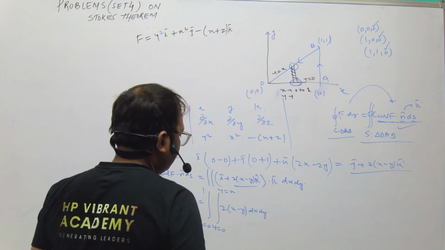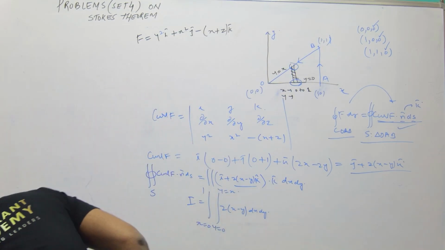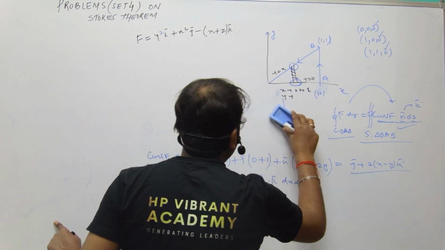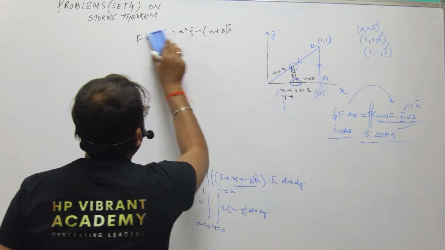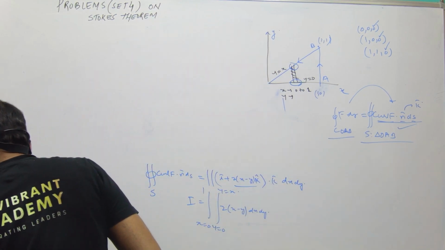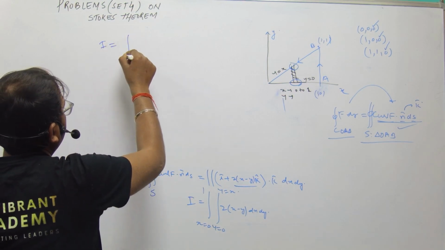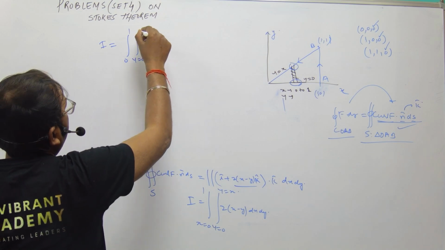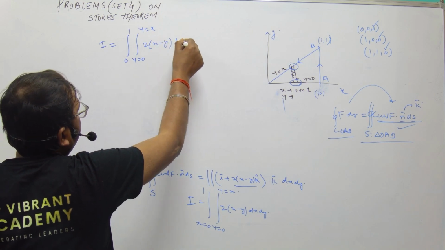Let us name this as I. So we have the value of I as the integral of x from 0 to 1 and y from 0 to x of 2 times of x minus y dx dy.